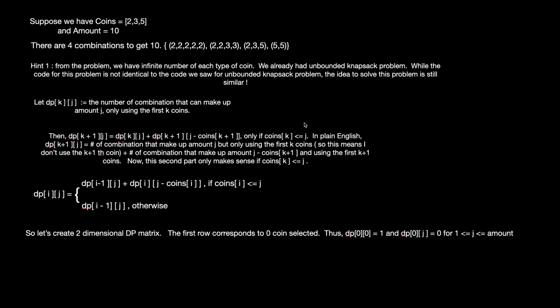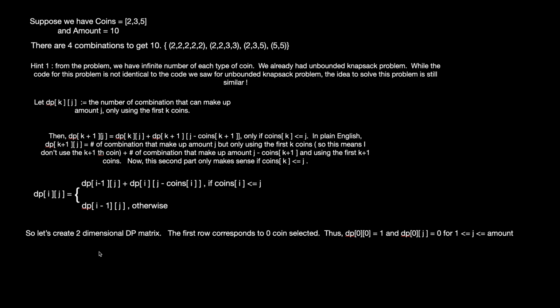I think I have a typo here; this should be coins of k plus 1. I'm so sorry about that. You add those two numbers, and that's it. The condition is that coins of k plus 1 is less than or equal to j. Otherwise, you have dp of i minus 1, j. Sorry about changing from k to i.